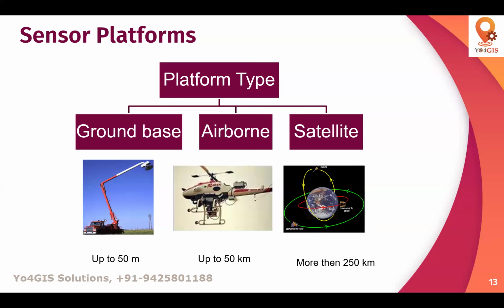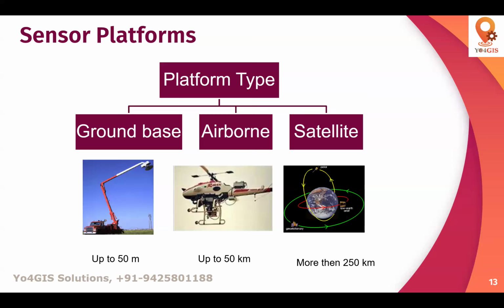If the height of the platform is more than 50 or more than 100 kilometer, then it will come under the satellite. So now I think you understood. What is a satellite? A satellite is just a platform. On the satellite, we have the sensors. Okay.